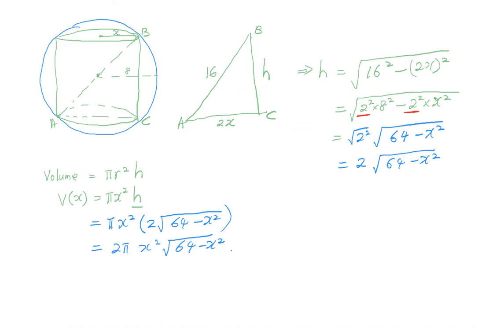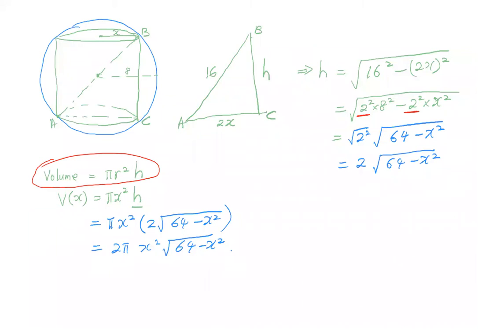Okay, so I will encourage everyone to remember how to find the volume of a cylinder. So from here, you can differentiate by using the product rule, or you can use your GC and get the answer.